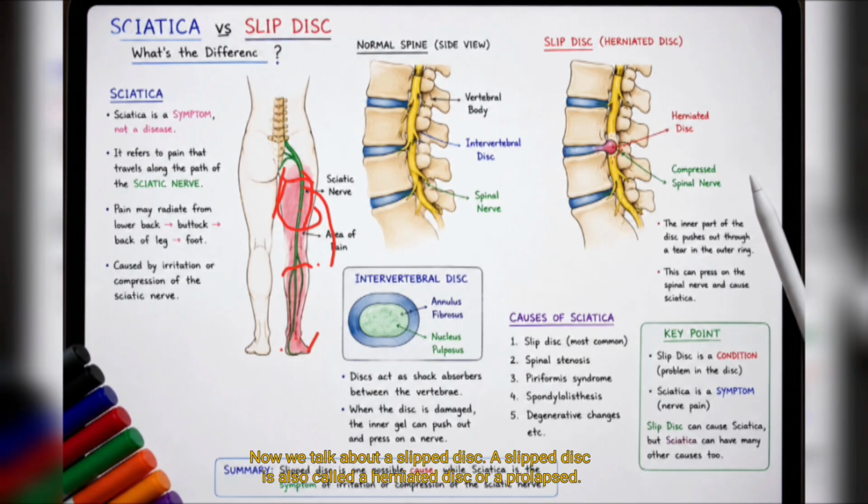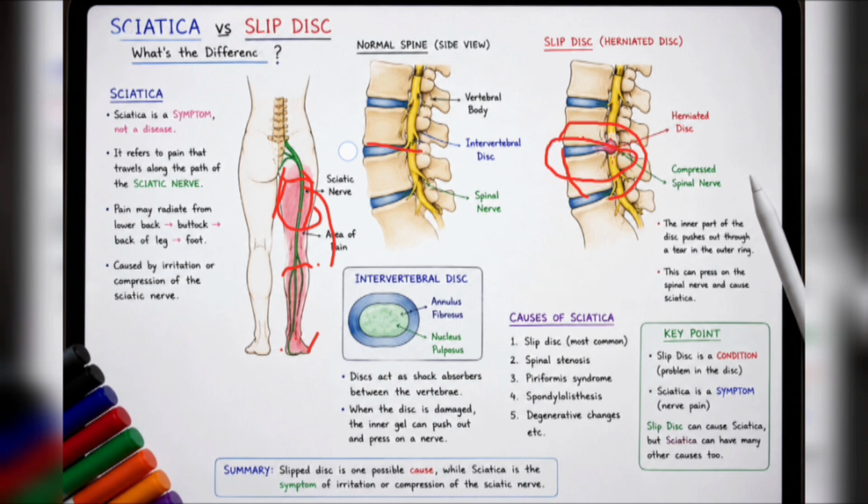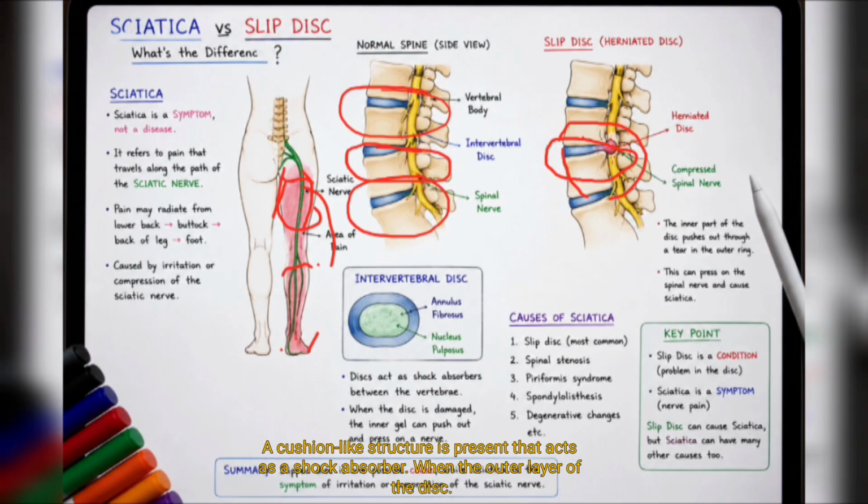Now we talk about a slip disc, also called a herniated disc or a prolapse of the vertebral disc. Between the bones of your spine a soft disc is present. A cushion-like structure that acts as a shock absorber.